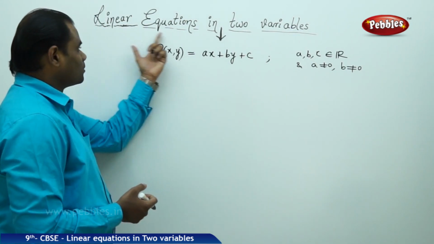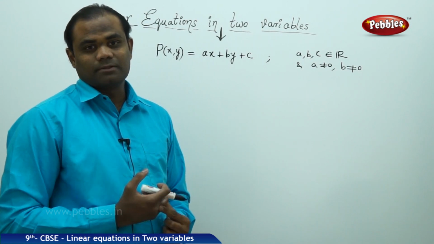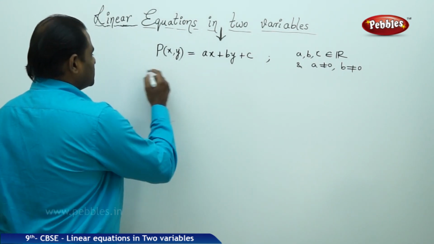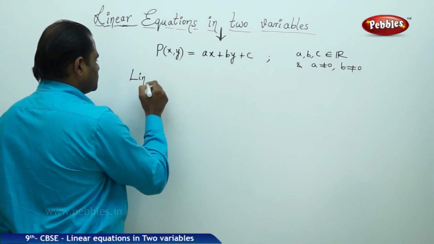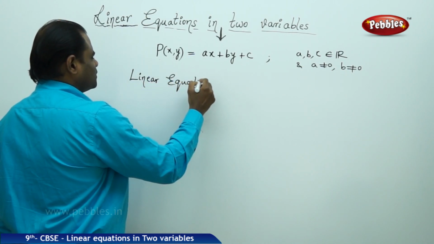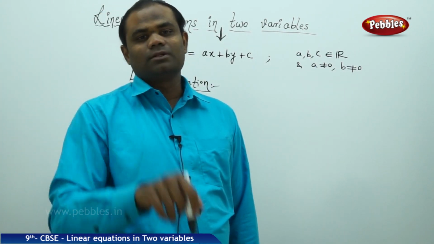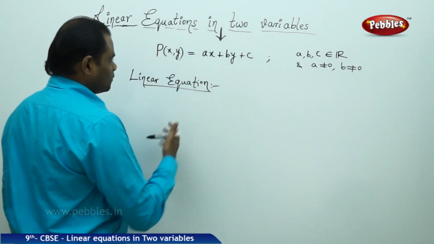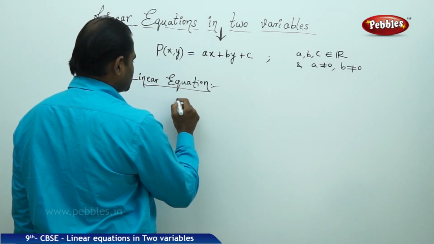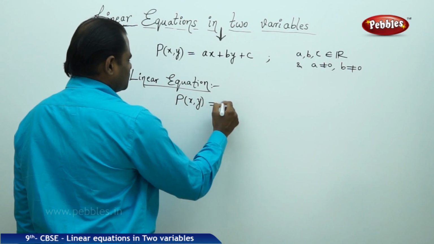When does a polynomial become an equation? That is the biggest question in comparison. As we see here, the linear equation is obtained when I equate the given polynomial to 0. So when I want to convert this into an equation, I just take this in the form equal to 0.